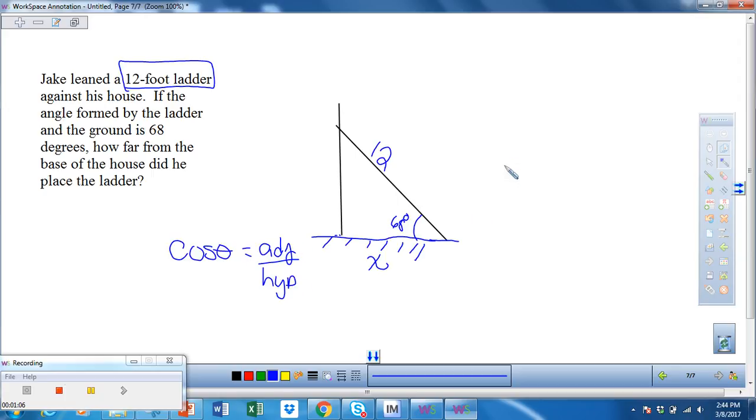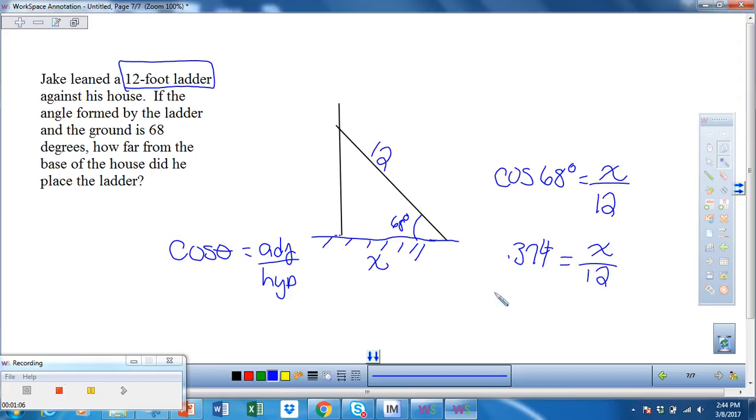So I'm going to do cosine of 68 degrees is equal to the adjacent side, which is x, over the hypotenuse, which is 12. Again, using the calculator to find cosine, I get cosine of 68, which is 0.374, is equal to x over 12.